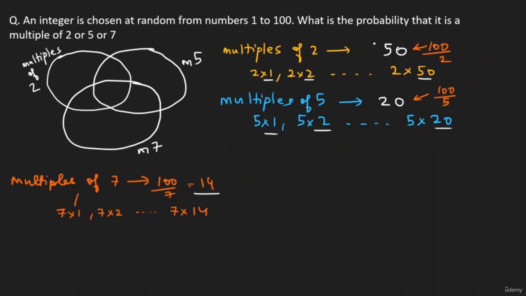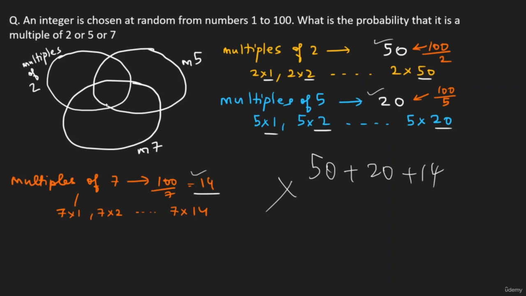We have seen that we have 50 multiples of 2, 20 multiples of 5, and 14 multiples of 7. So can we say that the favorable cases are 50 plus 20 plus 14? No, we cannot say that, right? Why is that so? Because when we say that there are 50 multiples of 2 and there are 20 multiples of 5, we will be double counting the multiples or the integers which are both a multiple of 2 and 5, right?